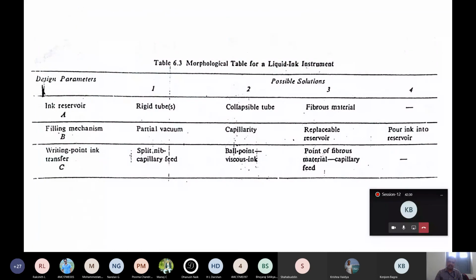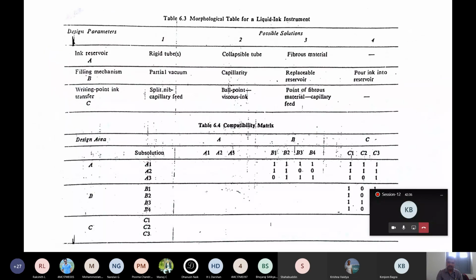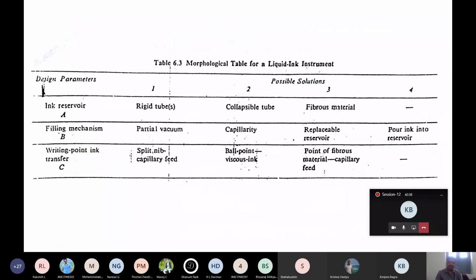I will continue in next class. This will take more time to complete, so I will do it in next class. By considering another example of pen, that is liquid ink instrument. Pen is the example. Again in pen we consider design parameters: ink reservoir, filling mechanism, then writing point, ink transfer. These are the design parameters.